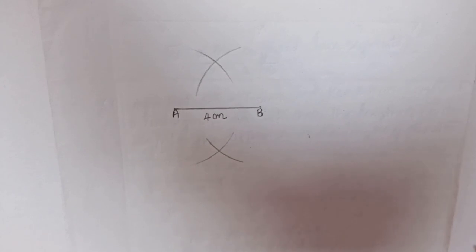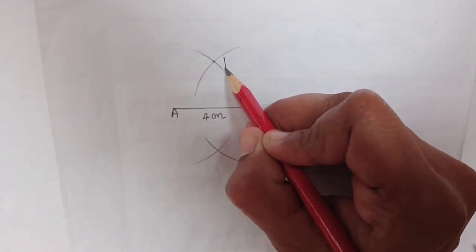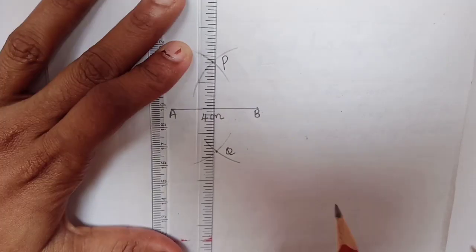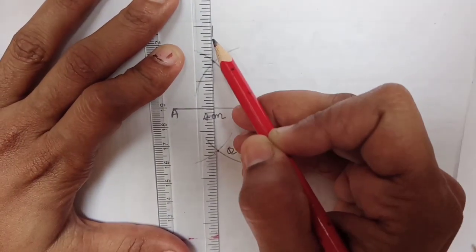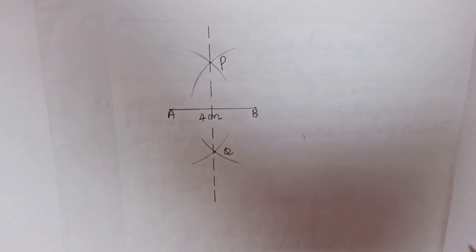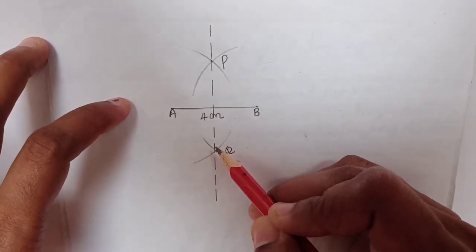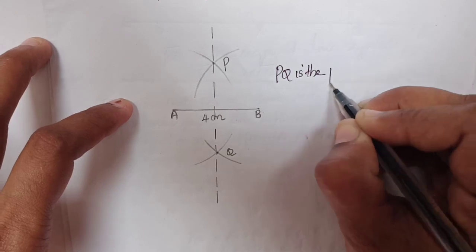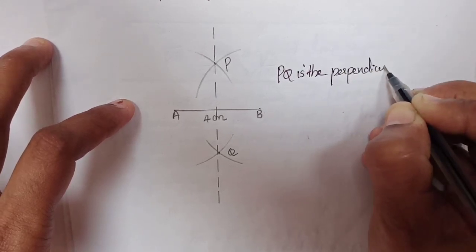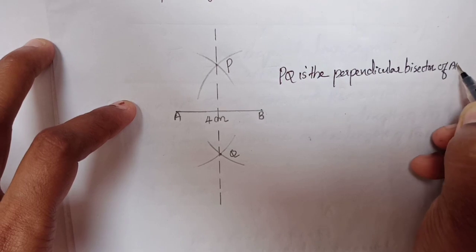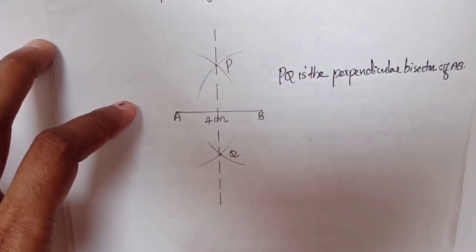Mark the points of intersection of the arcs as P and Q. Join PQ. PQ is the perpendicular bisector of AB.